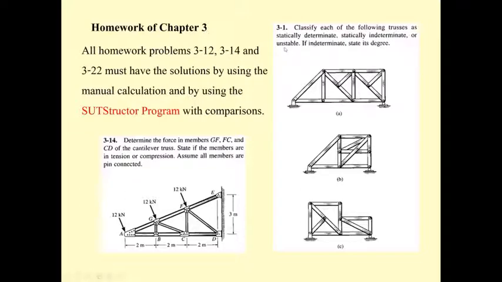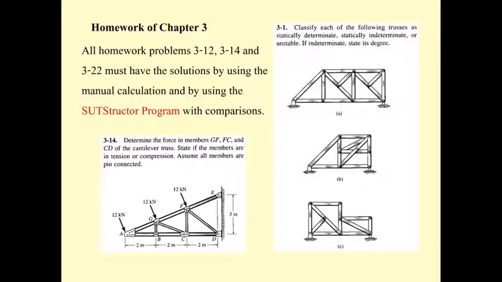So we use the unknowns b plus r compared to the number of equations of equilibrium, 2j. We can answer this. And if the truss is indeterminate, we should compute the degree of indeterminacy of the truss. That is the first part.